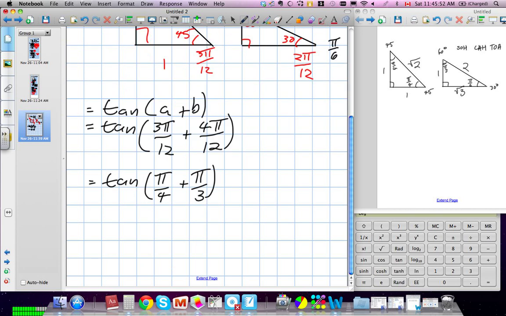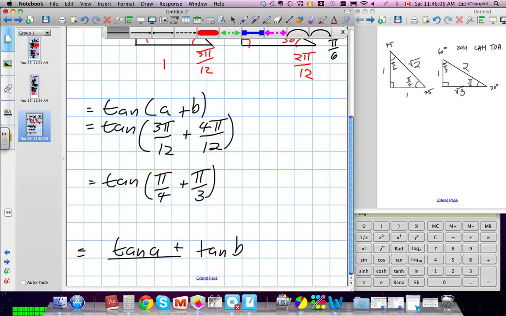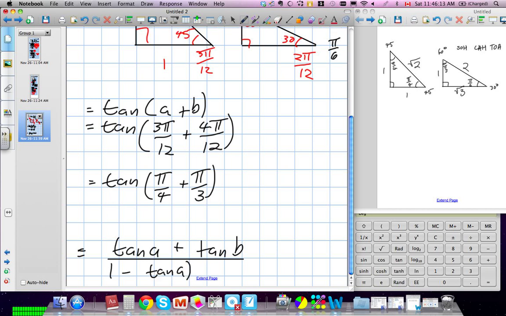We're going to put it into our formula. Our formula says that tan A plus tangent B divided by 1 minus tan A times tan B. Okay.